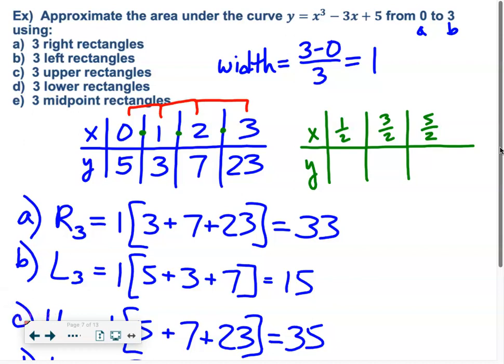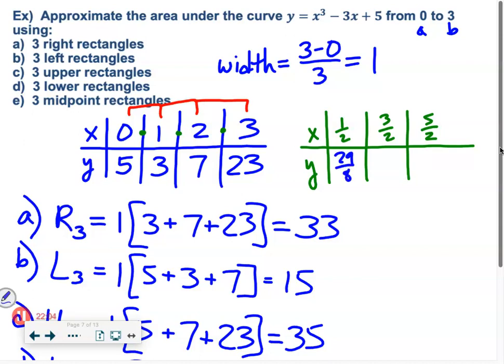So if we were to find these y values, let's see here. We have x cubed minus 3x plus 5 evaluated at x equals 1 half. Okay. So the first one is 29/8.